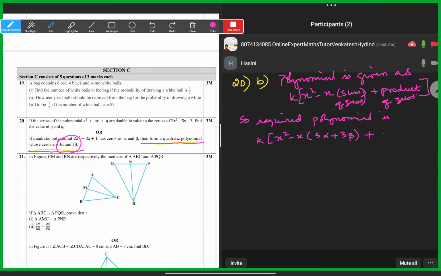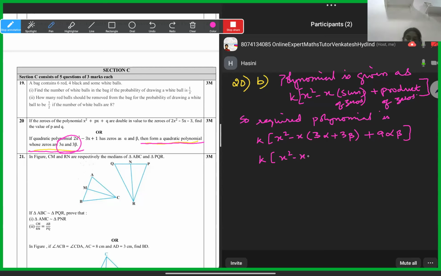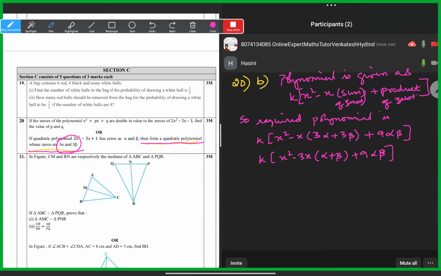So now k into x square minus x into, I can take 3 common here. So it becomes 3x into alpha plus beta, plus 9 alpha beta.